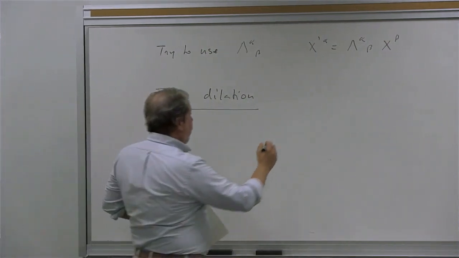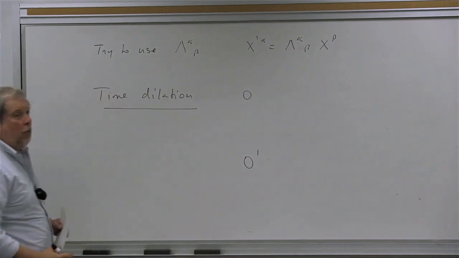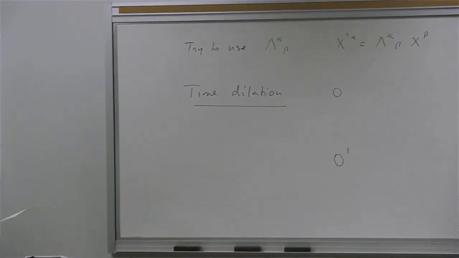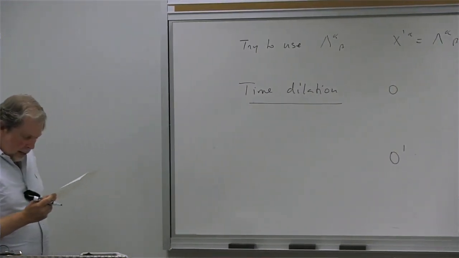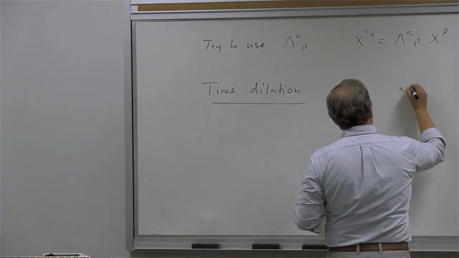So again, we will be referring to an observer O and an observer O prime, which are moving with respect to each other with a velocity v. And so the first observer is at rest.